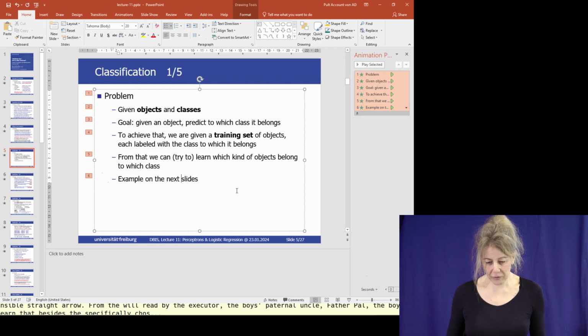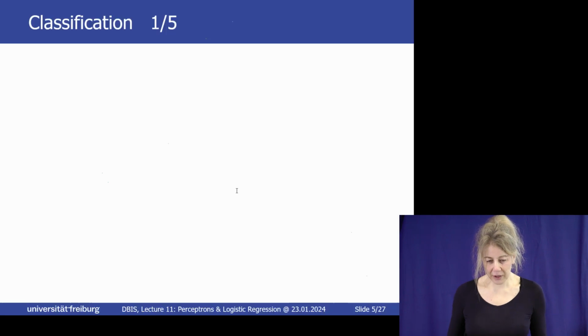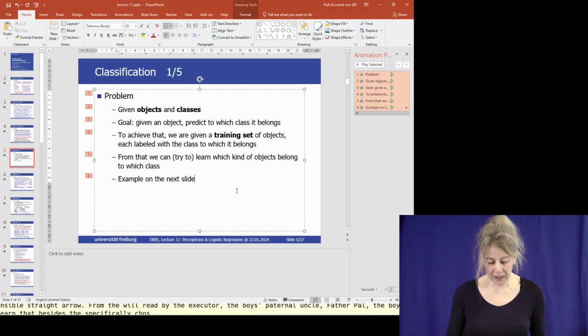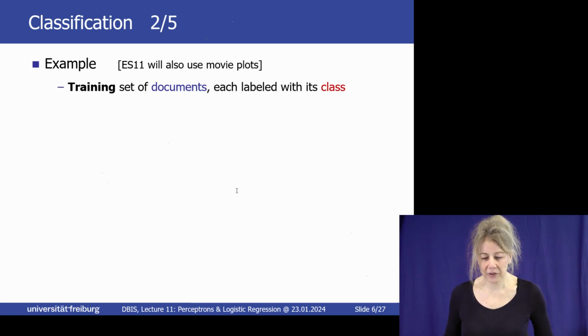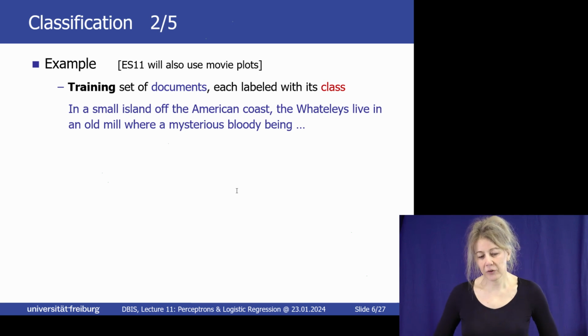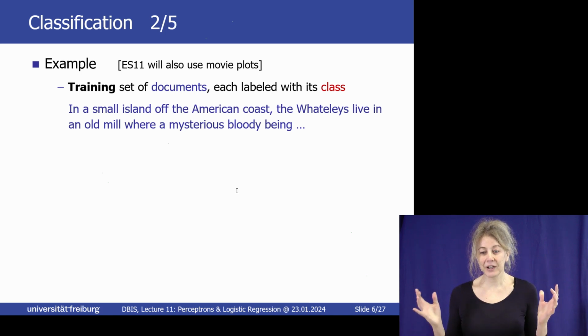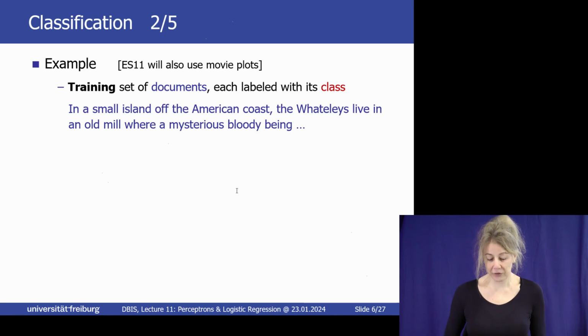I deleted one example on the next slide, and here's an example. So, we use movie plots. That's the beginning of a movie plot: In a small island off the American coast, the Waterleys live in an old mill where a mystery, bloody being... And now the class, the label: what genre is this movie?